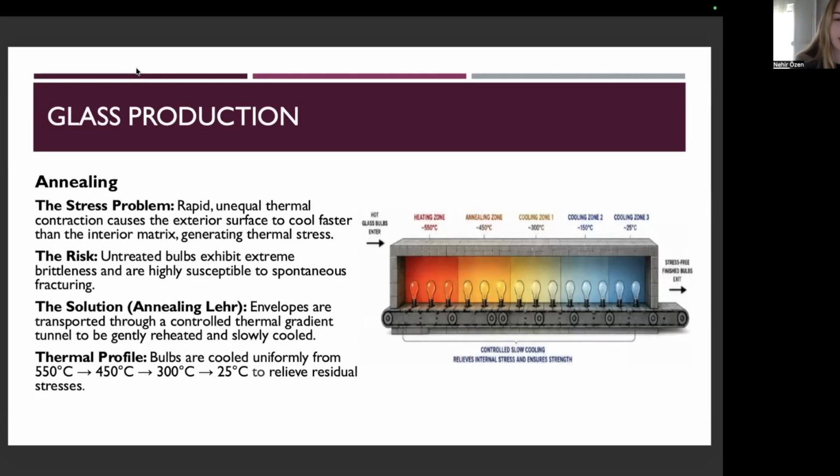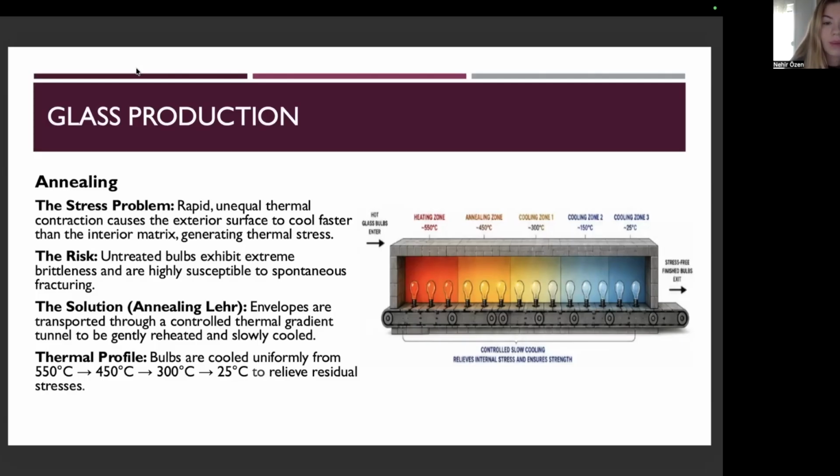Next is annealing, which addresses the stress problem caused by rapid, uneven thermal contraction between the exterior surface and interior matrix. The risk is that unannealed bulbs exhibit extreme brittleness and spontaneous fracturing. The solution is the annealing lehr, a controlled thermal grading tunnel that gently reheats and slowly cools the envelope.